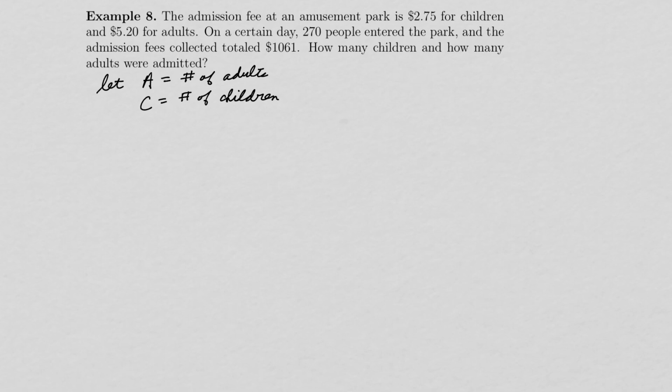We're told that 270 people total attended. So our first equation must involve the number of people attending: the number of adults, A, plus the number of children, C, must equal 270. That equation is dependent on the number of people attending the amusement park.